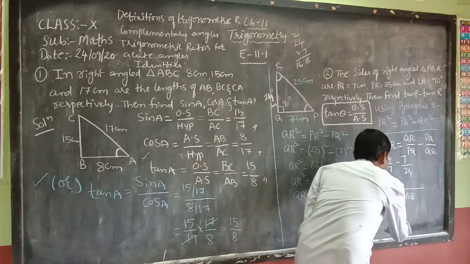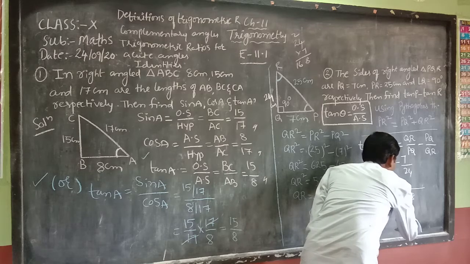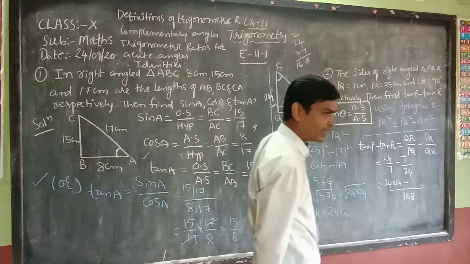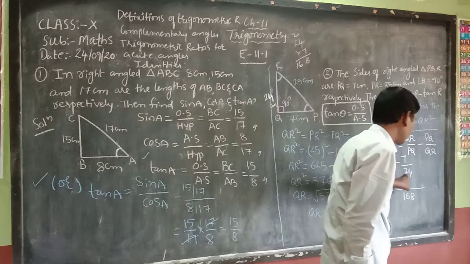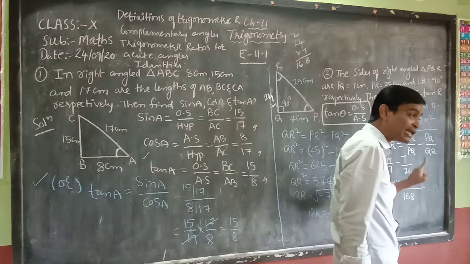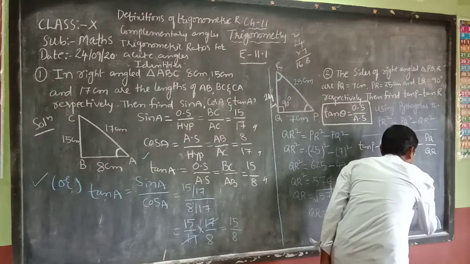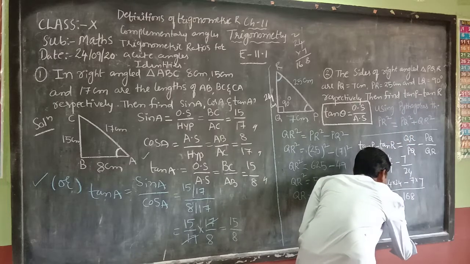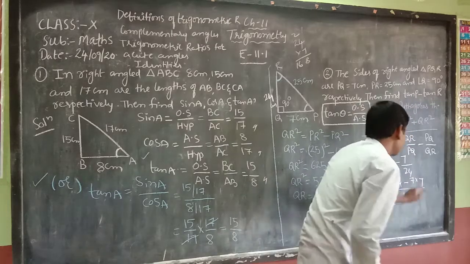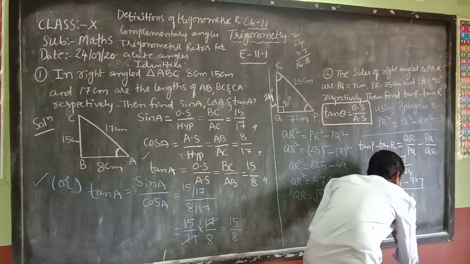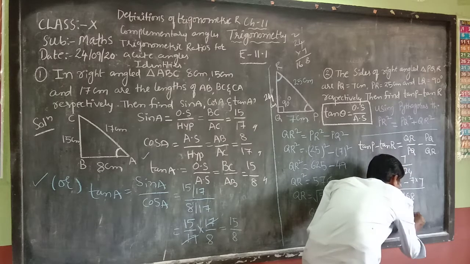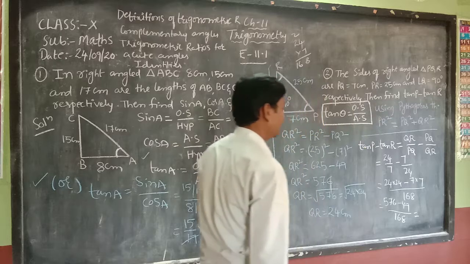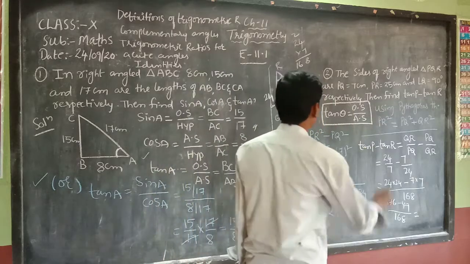So what do we do here? 24 into 24 minus, in the 24 table how many times? 7 times. So 7 into 7. 24 24s are 576 minus 7 sevens are 49 by 168. 576 minus 49 is how much?